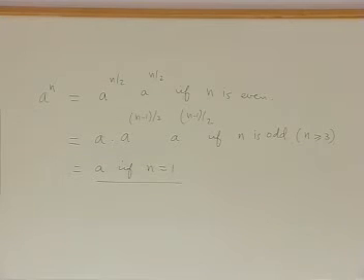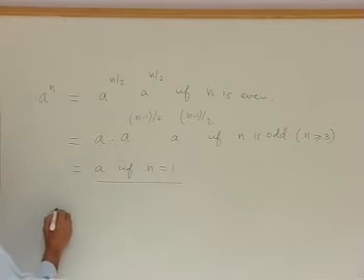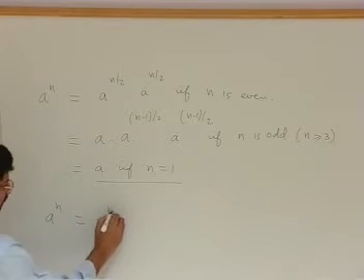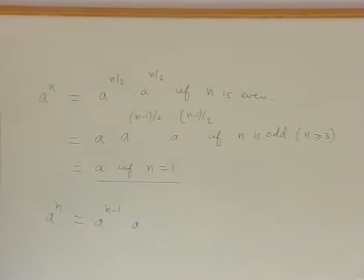It looks artificial, right, saying a power n in terms of this, but I am relating it to something smaller. You can write like this also, a power n equal to a power n minus 1 into a.